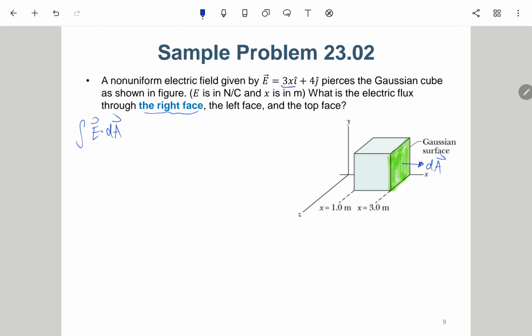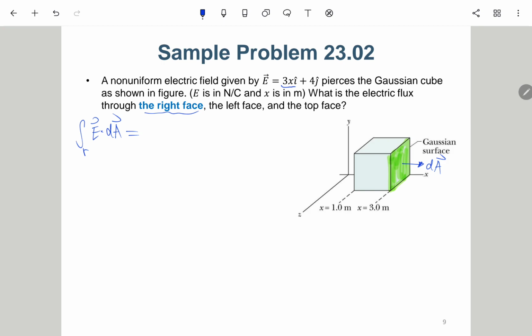And for the right side, we use a small r to represent right.